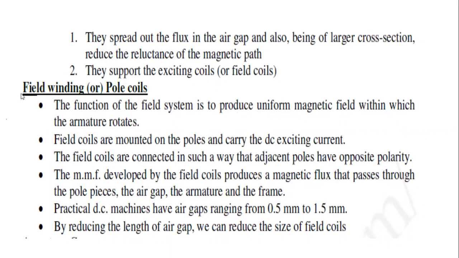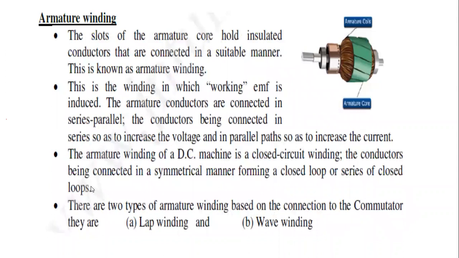These pole coils are mounted on the poles and carry the DC exciting currents. These field coils are connected in such a way that adjacent poles have opposite polarities. Therefore an electromagnetic field is produced in this field winding.